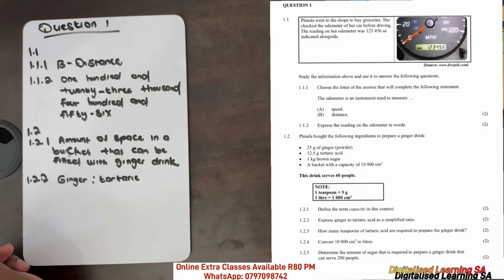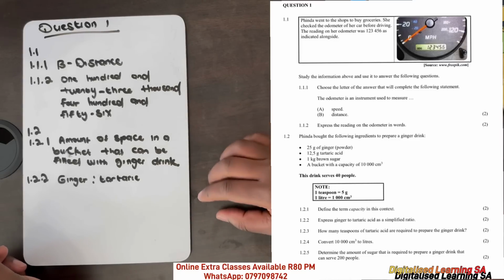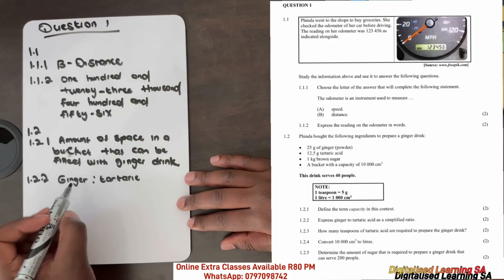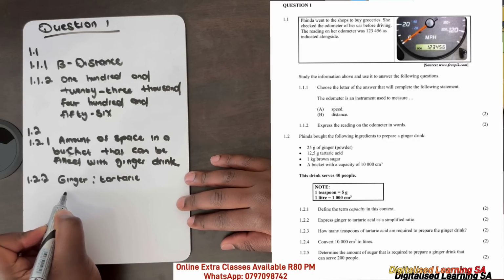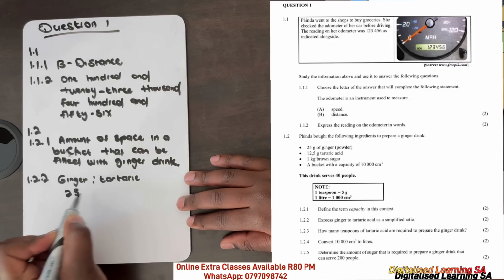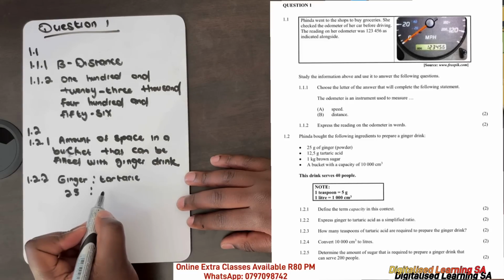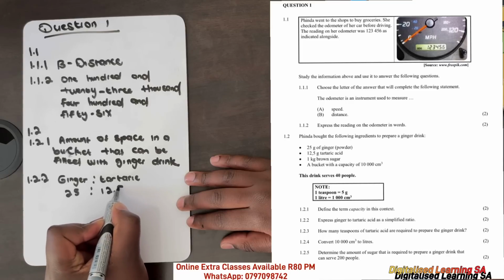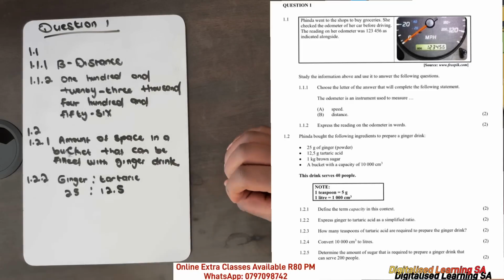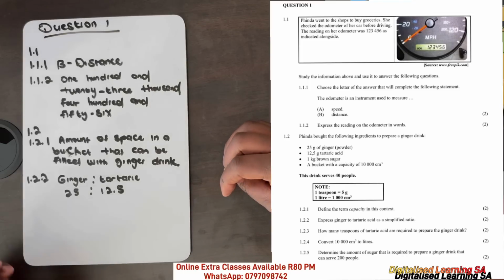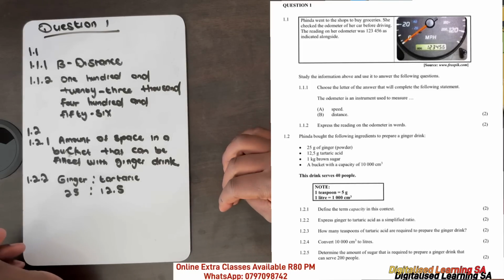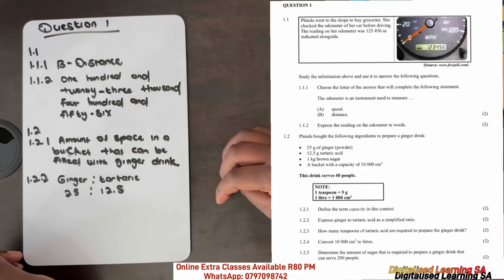If we look at our information, we can see that ginger was 25 grams. So we say 25 is to tartaric, which was 12.5. We are asked to write our ratio in a simplified form.